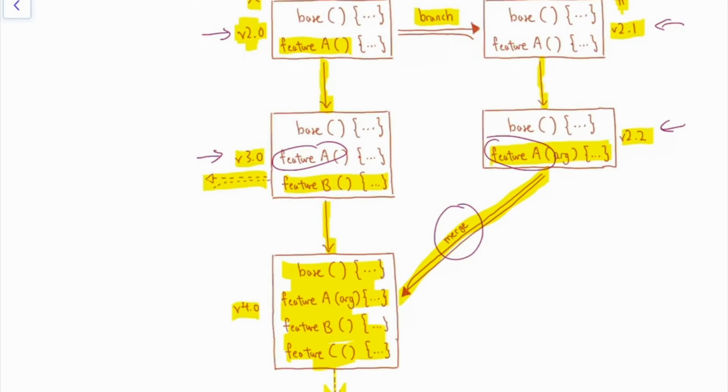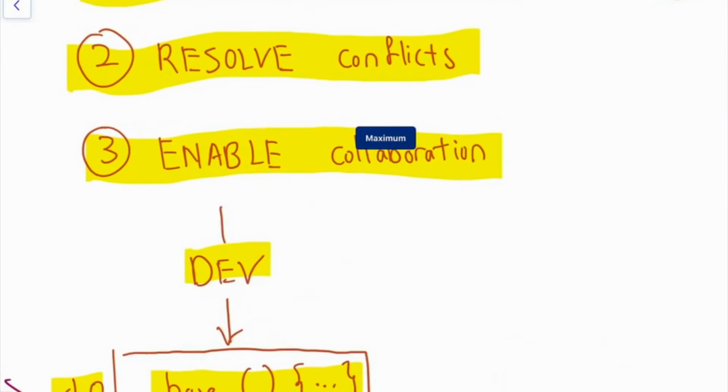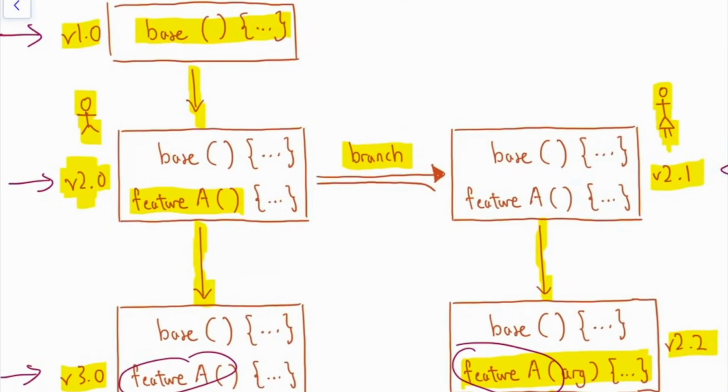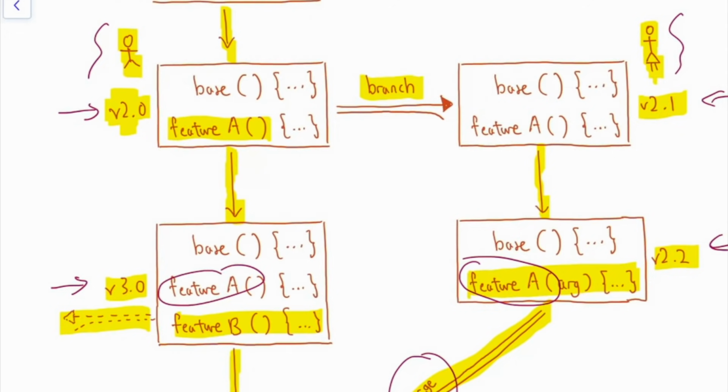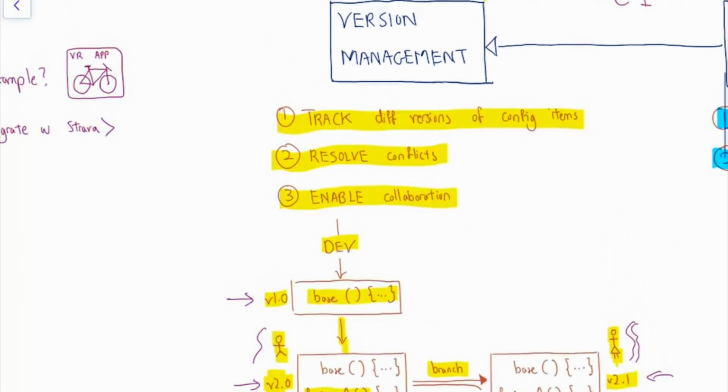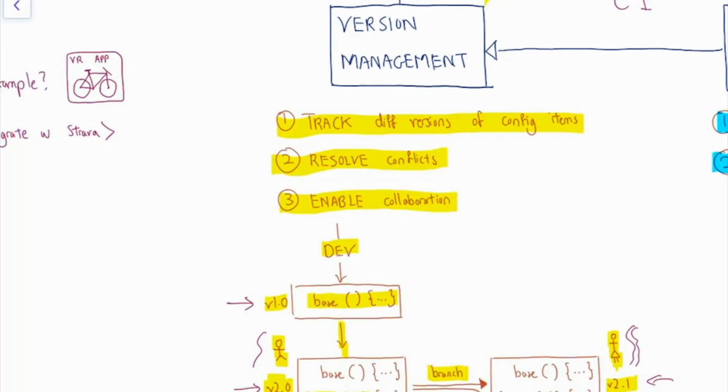It's probably called the same name. And then it enables collaboration, as we have seen here. You can both be working in parallel on new features as well as bug fixes, or basically improving the performance of certain features. So this is version management.